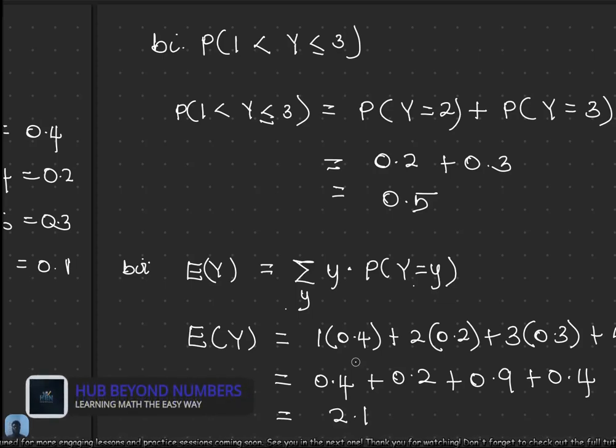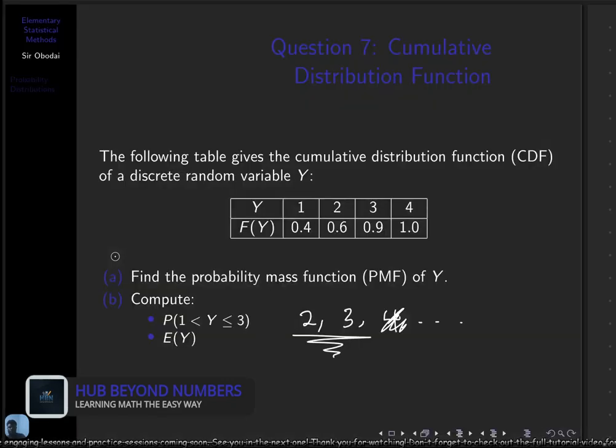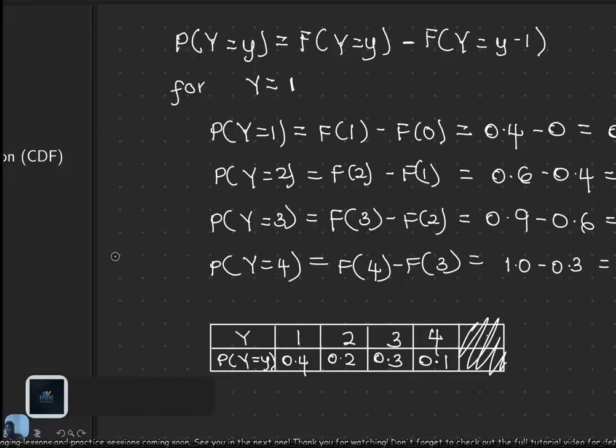The only difference with respect to this one is that for this very first one, we are being given what we call the probability distribution function, and we are looking for the probability mass function. You see, so this is something new.